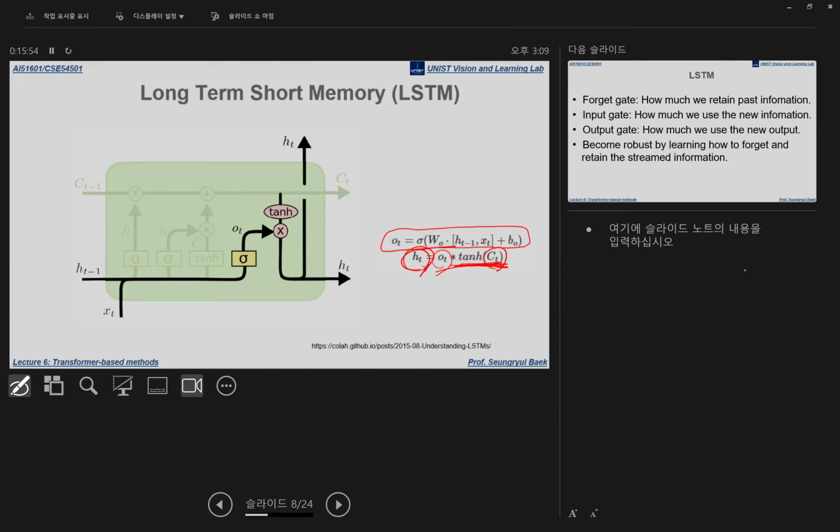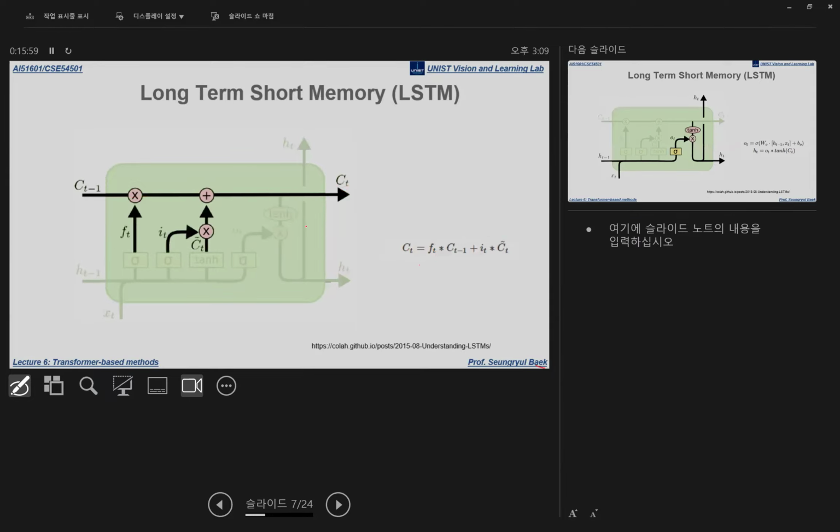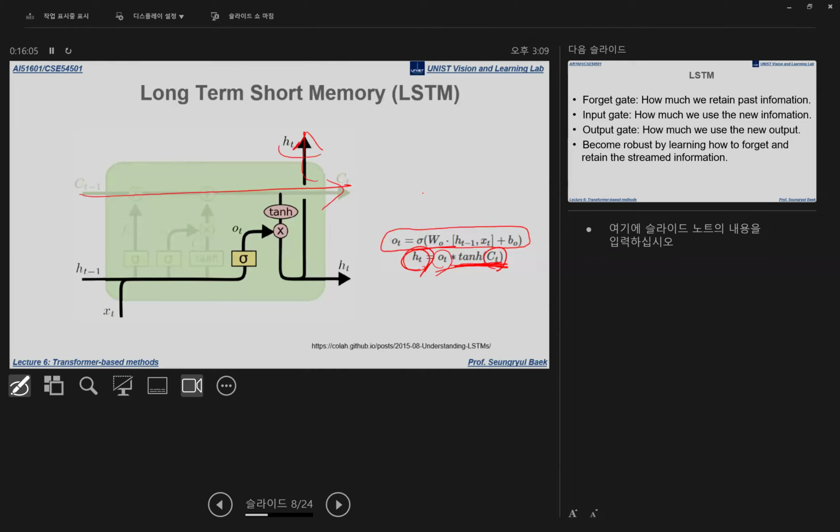So this is some internal information retained through the time domain. But this is the actual output, okay? So from the contextual information retained through time, we multiply the output bit explicitly to infer some output, okay?